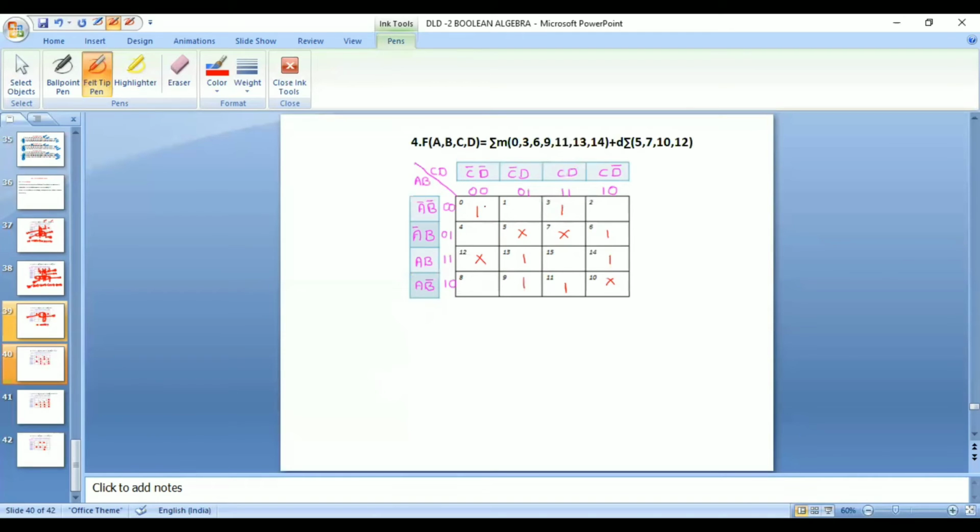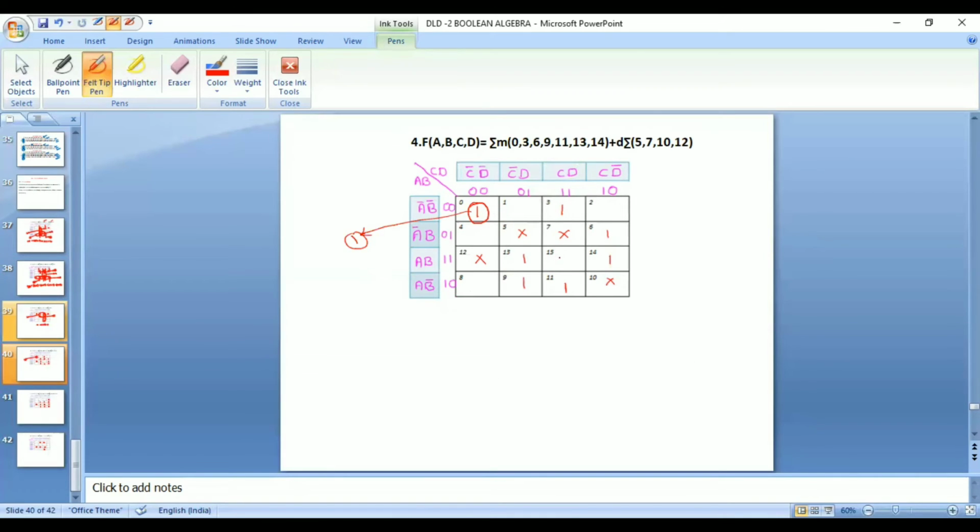If you observe here, particularly the 0 min term is far away from all other min terms. There is no possibility of grouping with the help of the don't care condition also. If you consider this 5, it is diagonal, so we cannot do that. So we don't do like that. 1 and it is 0 and 5. So this is the first one.